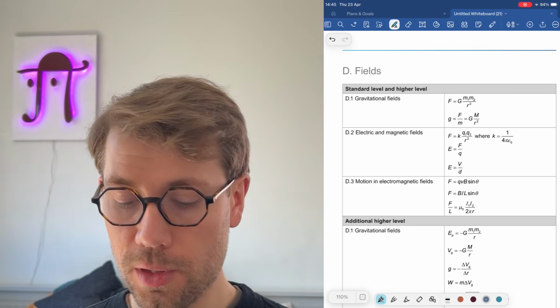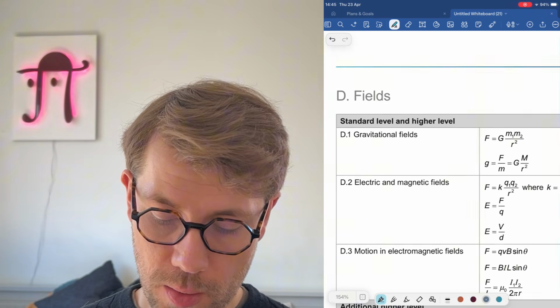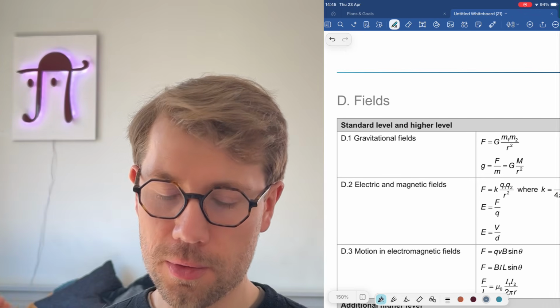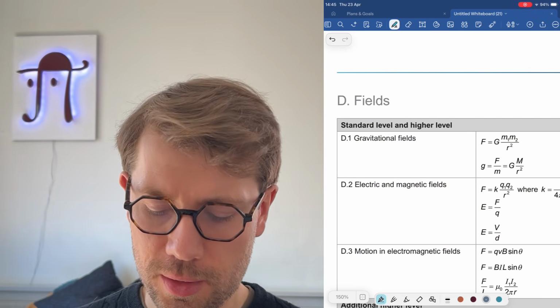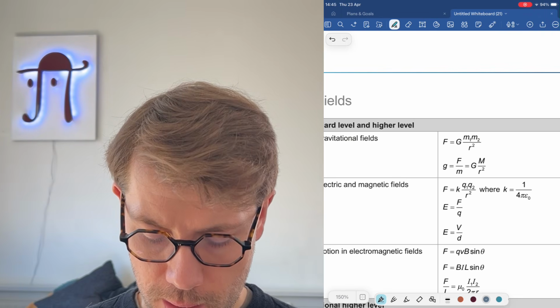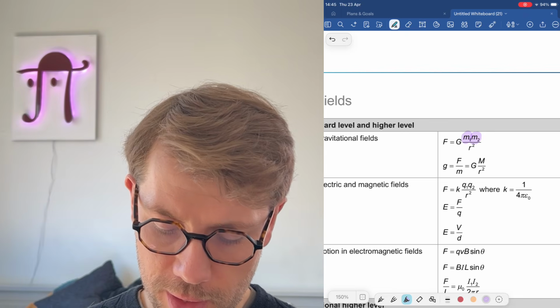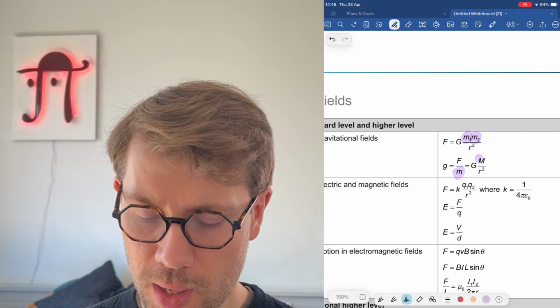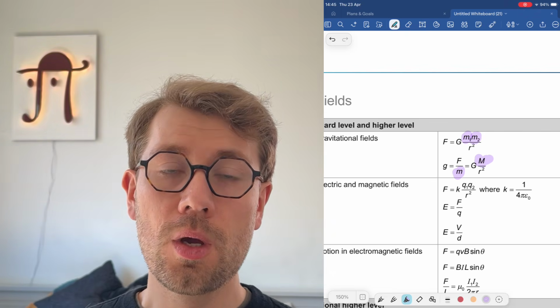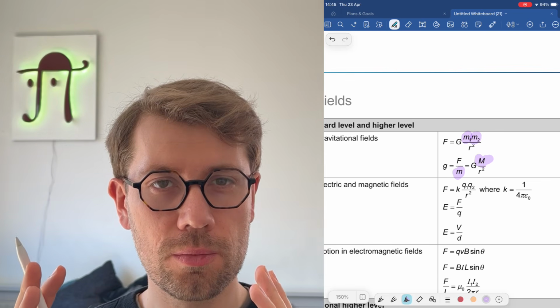So gravitational fields, we've got Newton's law of gravitation. And when we're looking at Newton's law of gravitation, let's look at this and how it's different to other ones. Here we've got M1 and M2, but other times we get a lowercase m and a capital M. Well, the reason for that is because they're both different scenarios.